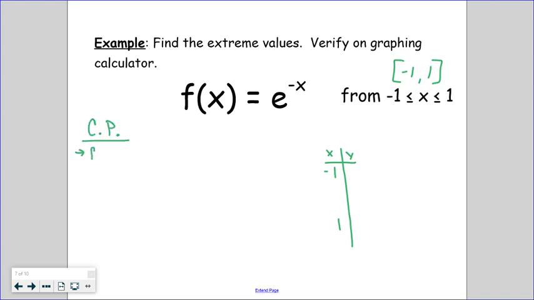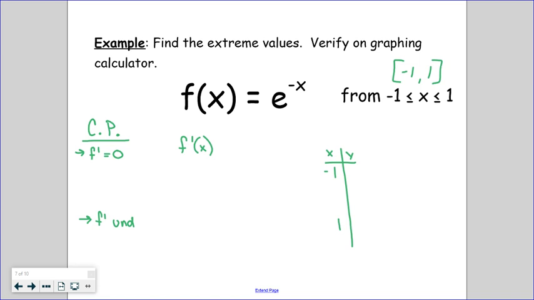So we will check when our derivative is equal to 0. We will check when our derivative is undefined. Let's find our derivative. We have to remember how to take the derivative of an exponential.